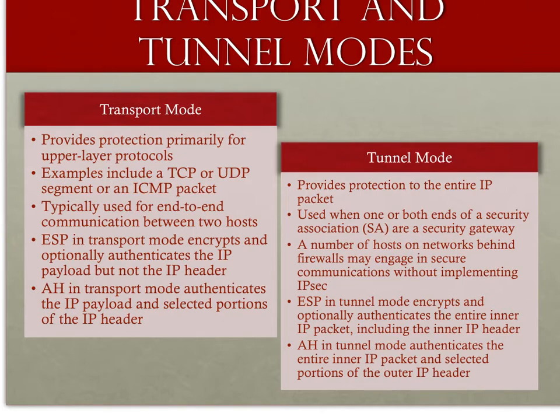Or router, I mean router, okay. So in that case, the original IP header together with the payload of the data is all encrypted. And this is used typically to create a tunnel between two networks or two routers or two firewalls, or between a host and a network.